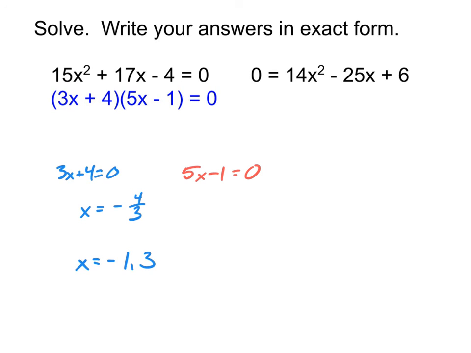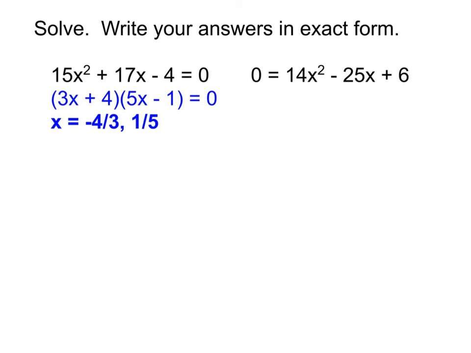So you could give your answer as 1.3 repeating. You could not give it as 1.3 because 1.3 is not exact. Or you could just stick with the fraction. That's what I did. I just went ahead and called it negative 4/3, and that's often the easiest way to do those. And then the other one ends up being 1/5, or you could also have written that one as 0.2.